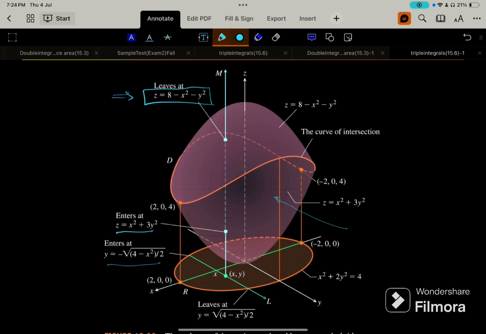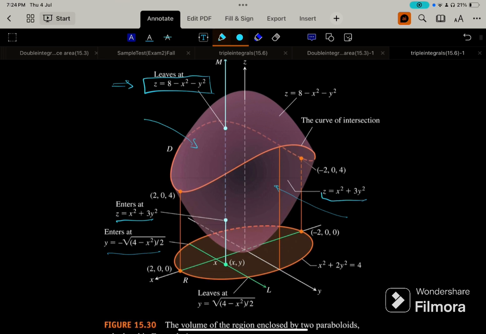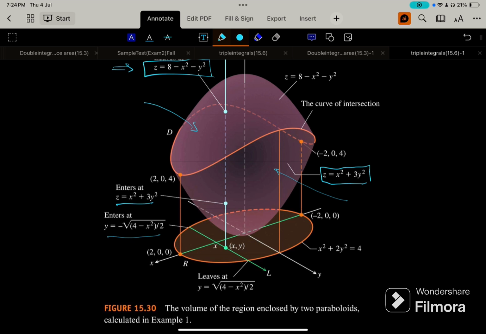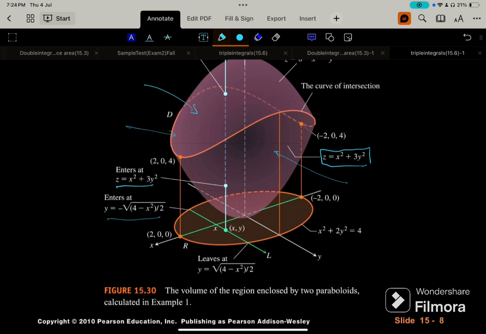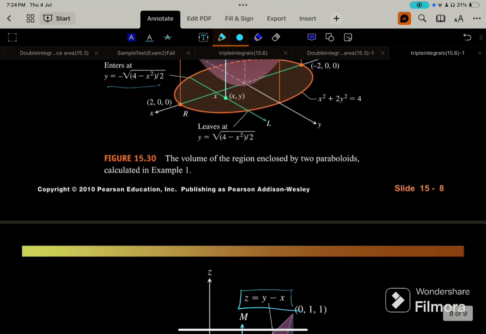It has a lower z, x squared plus 3y squared, and it has an upper z. And this is the final graph. It's very interesting. You can now find volumes of shapes, or solids like these. And here also is another solid, a tetrahedron. I think that's the one we did also.